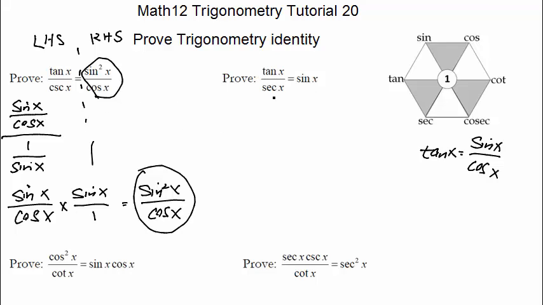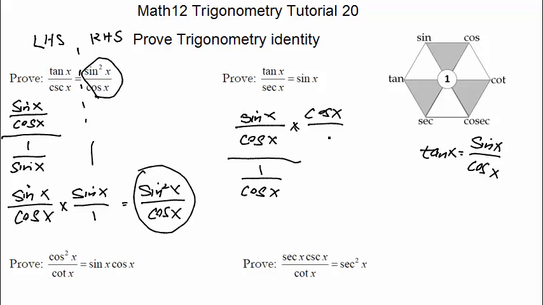Next, prove tangent over secant. Same thing. Tangent equals sine over cosine. The secant function equals 1 over cosine, right? Secant and cosine are reciprocal. So sine over cosine divided by 1 over cosine is times cosine over 1.